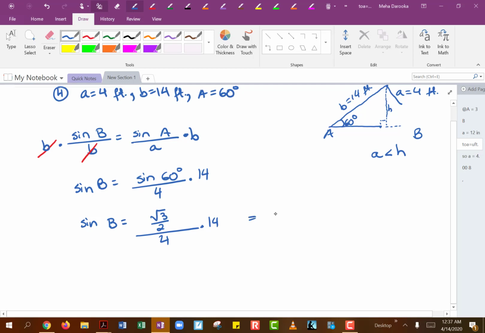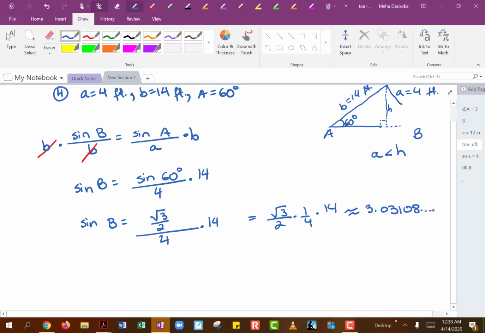So if you just solve that, you end up with square root of 3 over 2 multiplied by 1/4 multiplied by 14. If you just go ahead and sort this out, this comes out to be approximately 3.03108, and I think it will keep going.